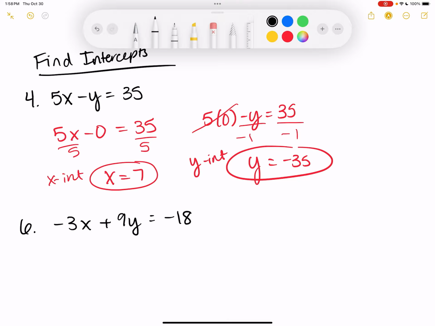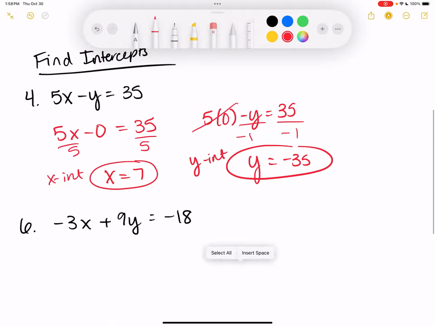So when I'm setting y equal to 0, what's happening to that entire piece? This whole piece right here. It's going away, right? It goes to 0, it goes away. So what I can do is I can literally cover it up with my finger, now that I've selected the whole thing. And then I can just say -3x equals -18.